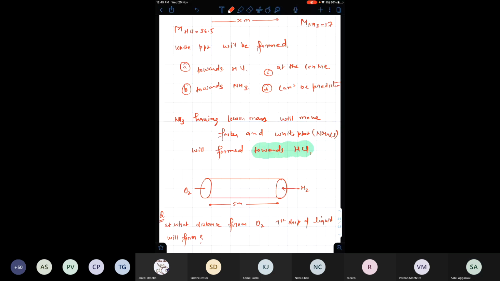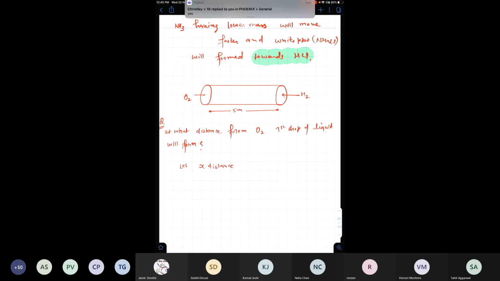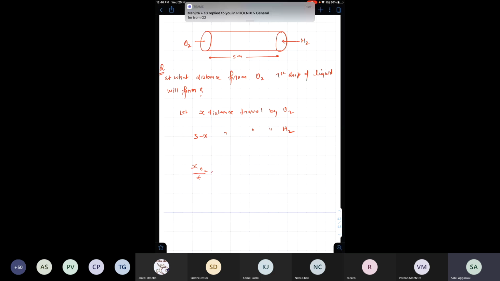Let x be the distance traveled by oxygen. 5 minus x is the distance traveled by hydrogen. So we can write x by t for O2, 5 minus x by t for H2. T से T कट जाएगा.